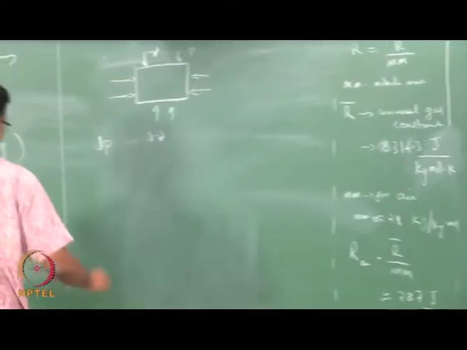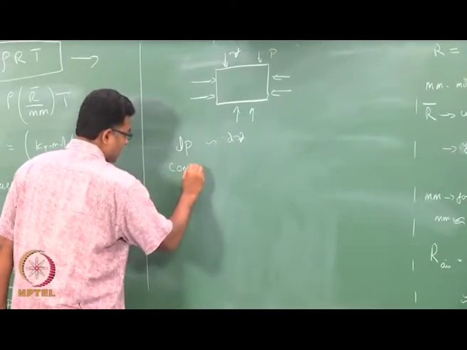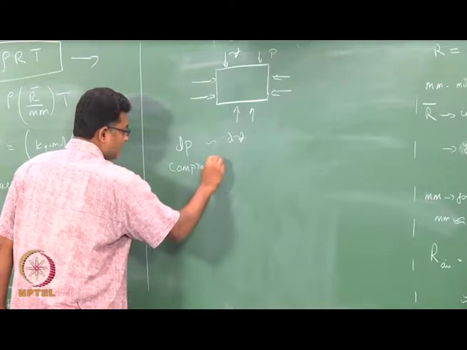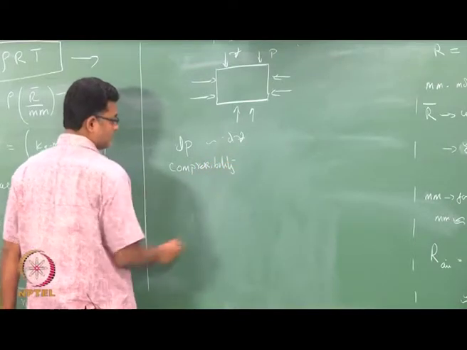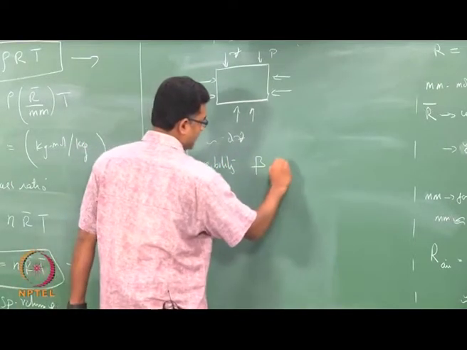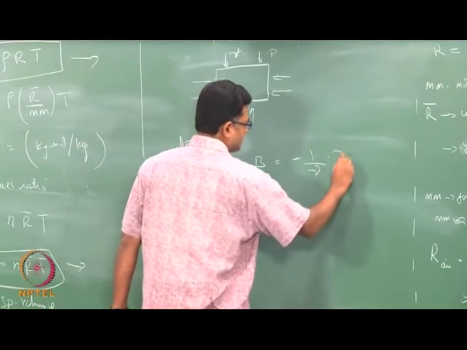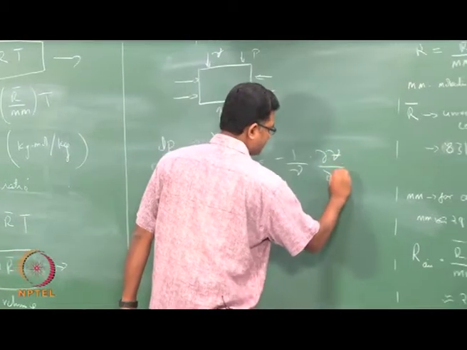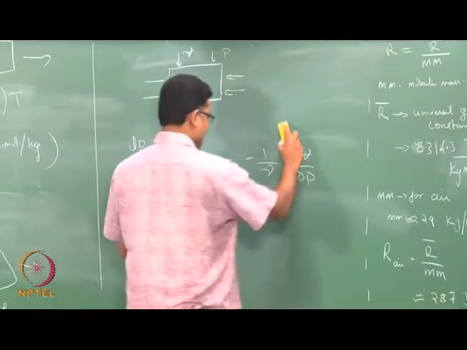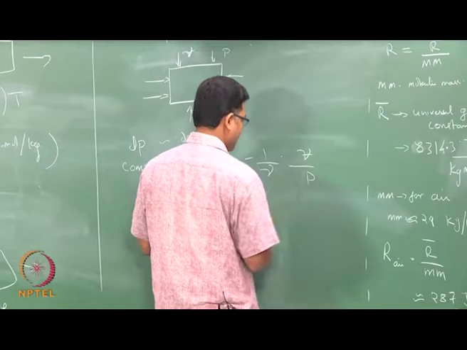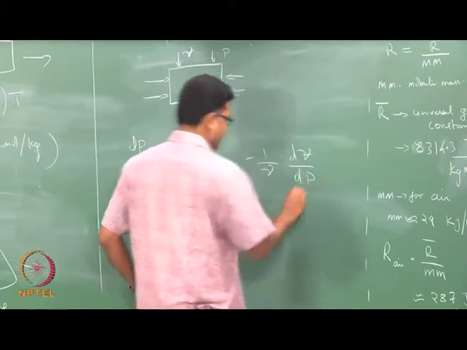Now, I can define compressibility beta as the rate of change of this. Okay, I will write for the time being dV by dP.